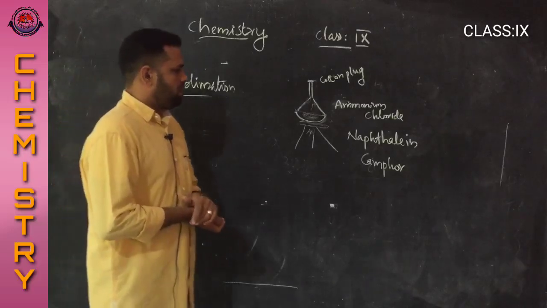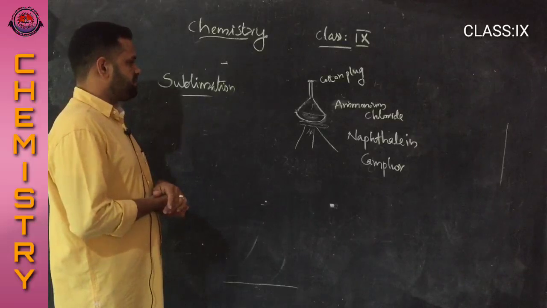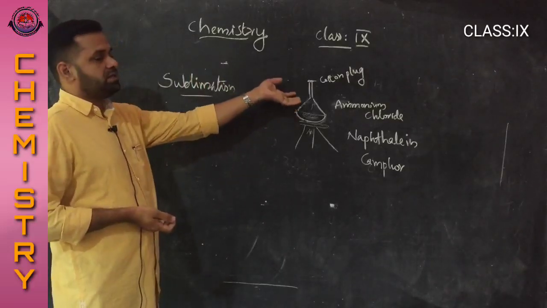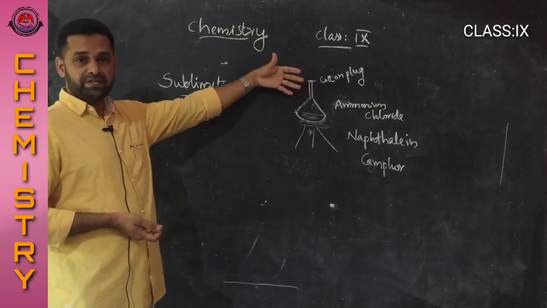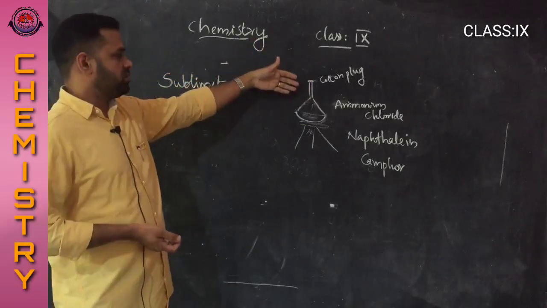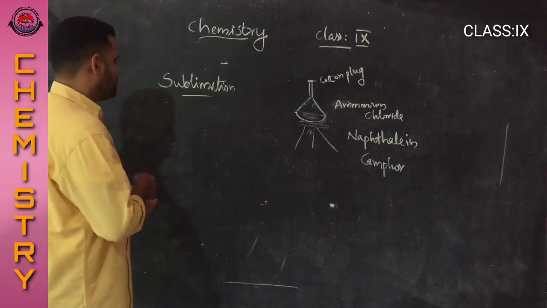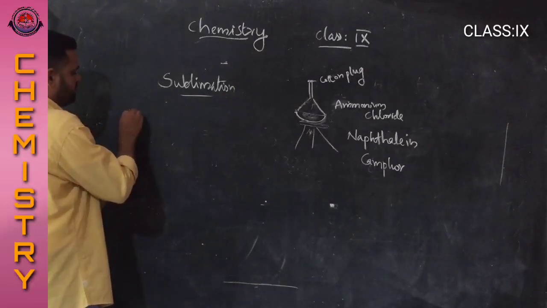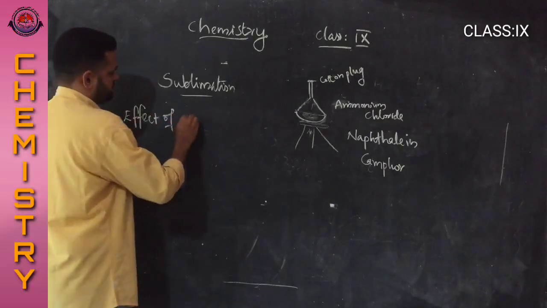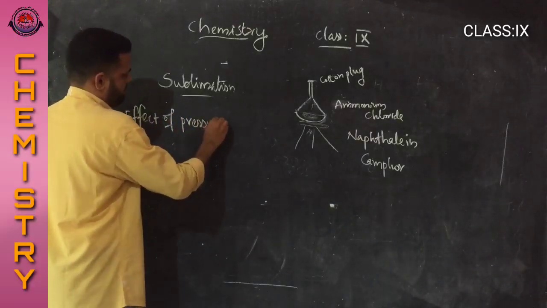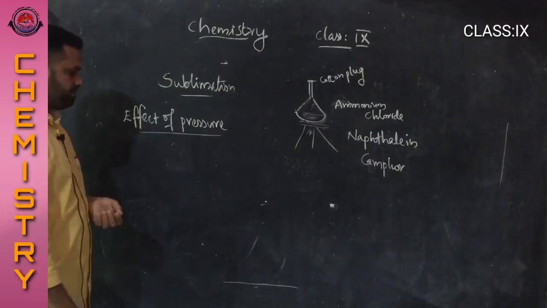Now, all these are the effect of temperature on changing the state of matter. Next we are going to discuss the effect of pressure on changing the states of matter.